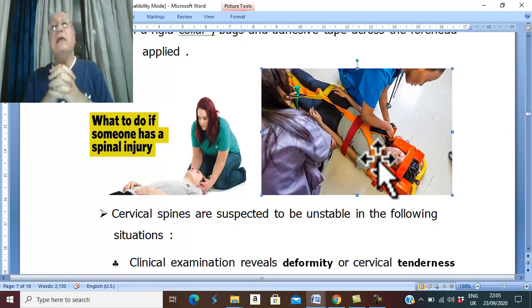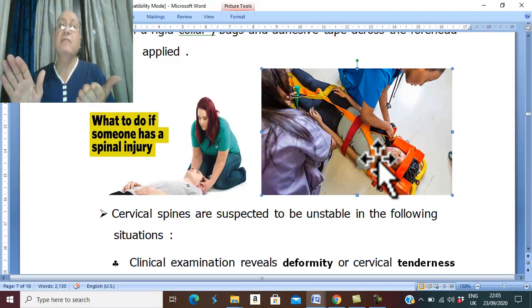Also, cervical spine injury is suspected in multi-system trauma and unconsciousness. In the hospital, immediate radiological evaluation of this patient in 3 views: anteroposterior, lateral, and odontoid view.